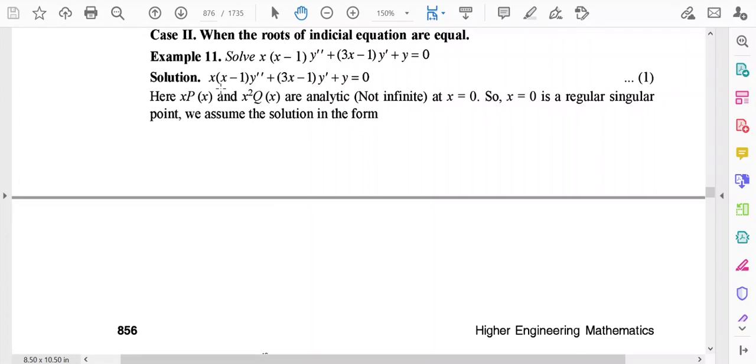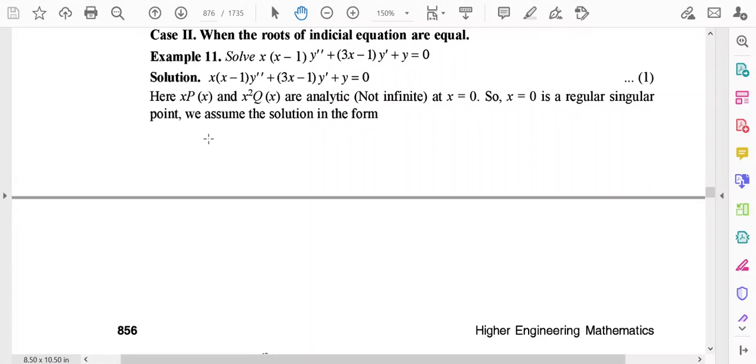After expressing this equation in standard form, if we calculate the values of x times p(x) and x squared times q(x), we find that they are not infinite at x equal to 0. So x equal to 0 is a regular singular point.